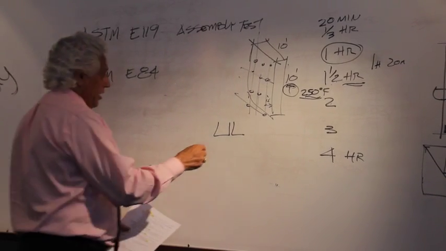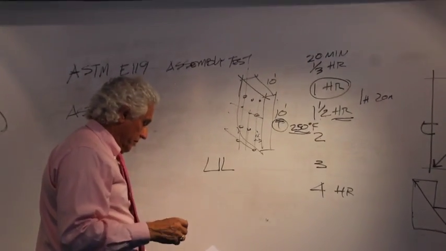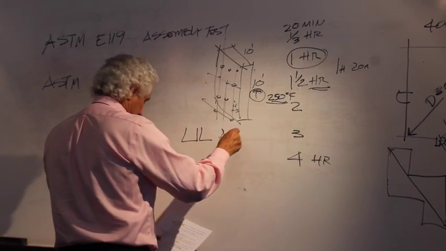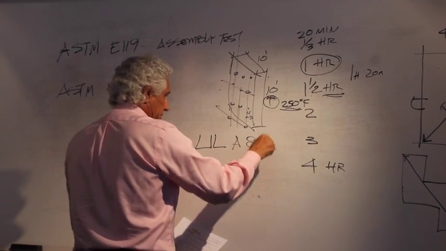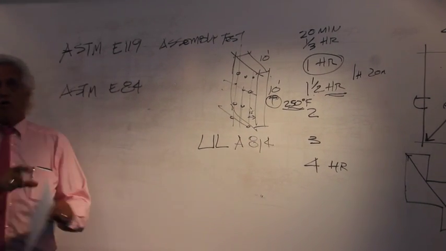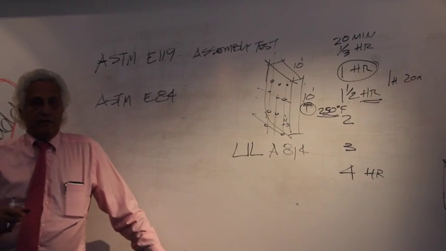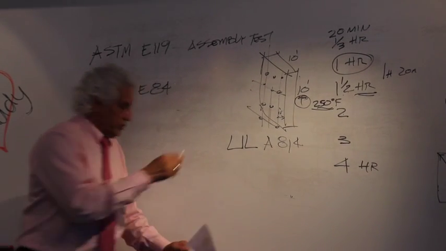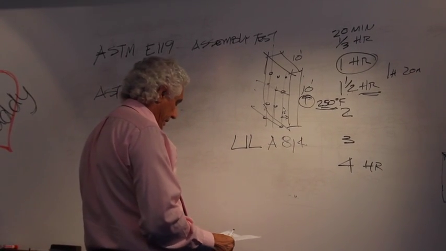By example, one in the book on page 15 shows that it's a UL A814, and it'll describe all the materials and the components of that construction, and therefore you have to duplicate it on your drawings to achieve that particular rating.